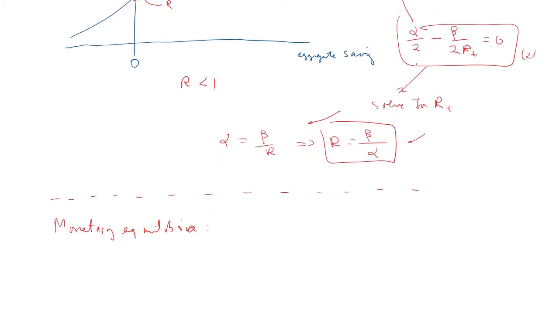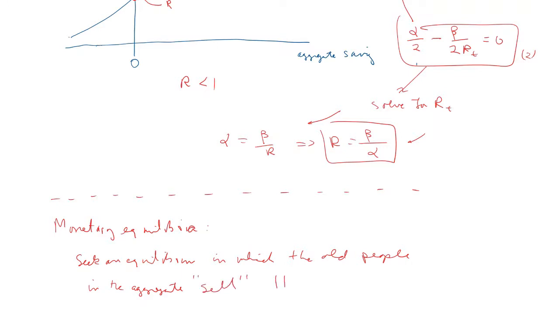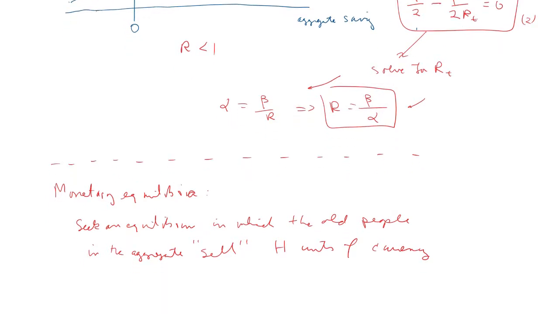And what's going to happen is we're going to seek an equilibrium in which the old people, in the aggregate, sell H units of currency, unbacked currency, which they're endowed with initially, the initial old, to the young for time t goods.